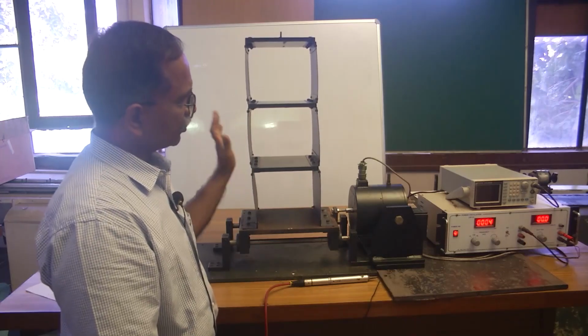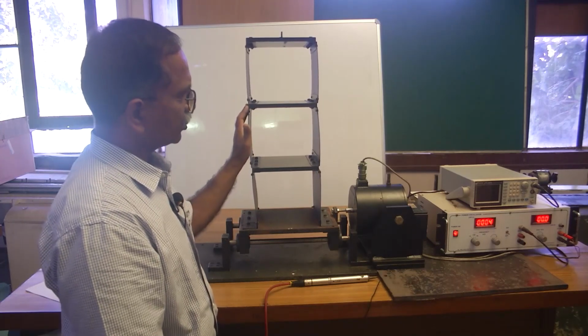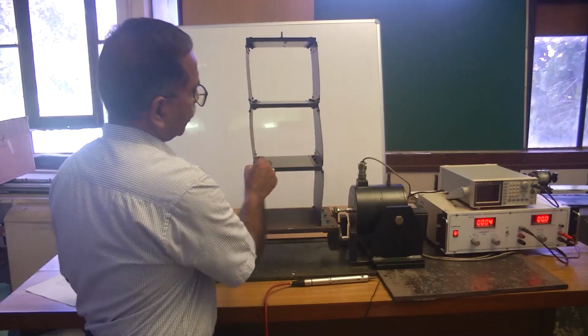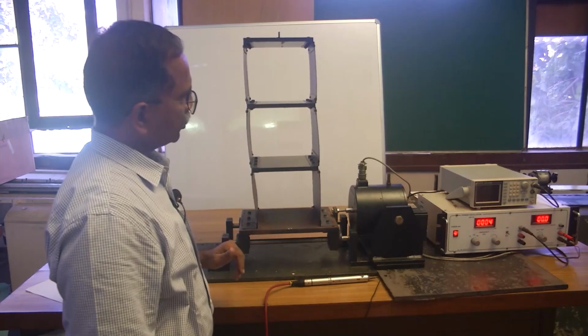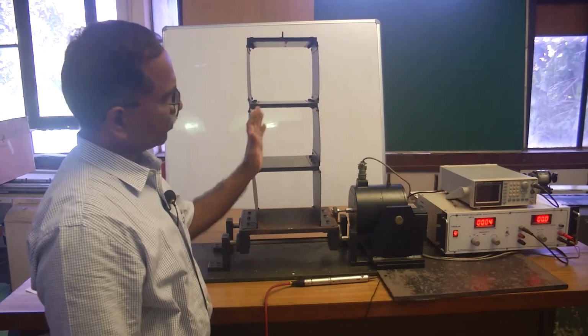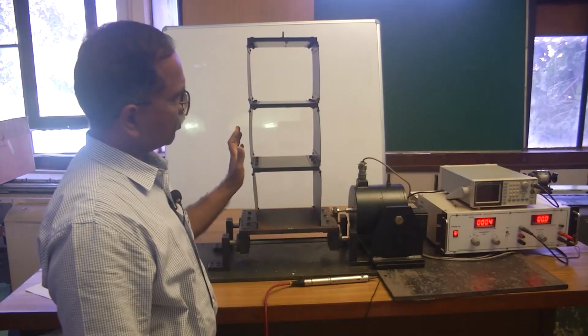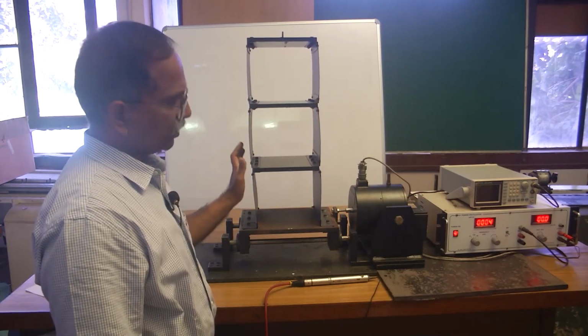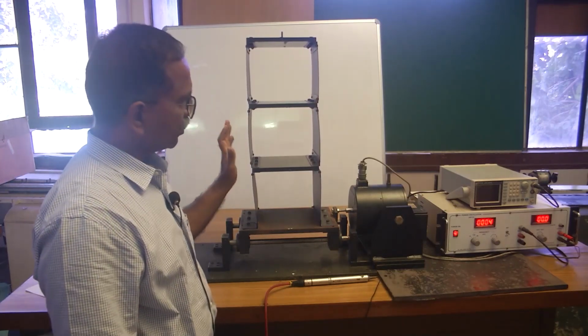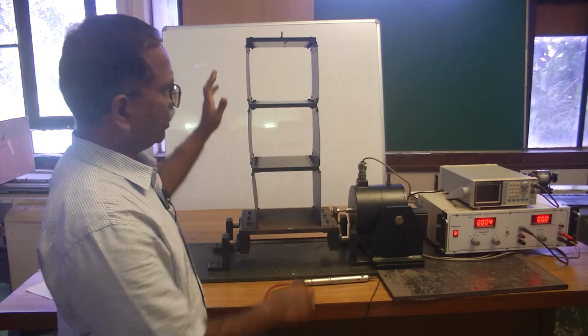So, this is a free vibration response given some initial condition. Now, depending upon the kind of initial conditions you give, the ensuing vibration response will be essentially guided by the way you initially excite this multi-degree of freedom system.